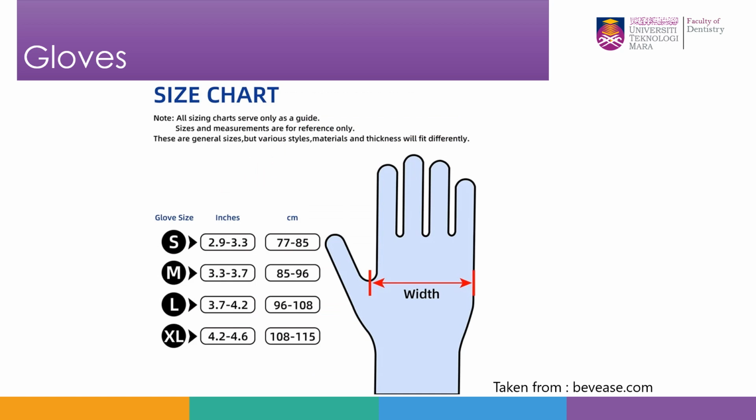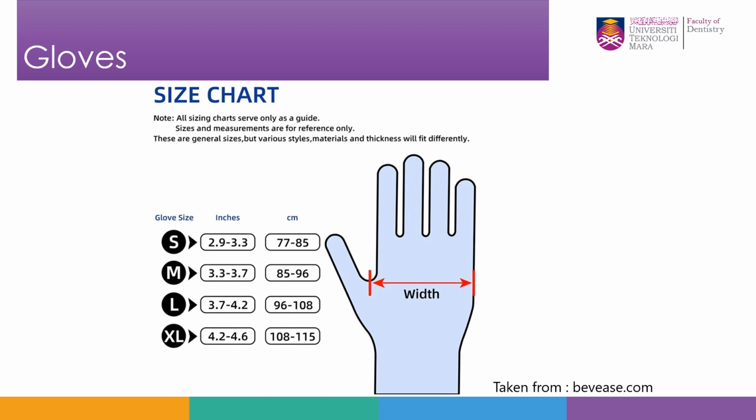All right, when you are wearing gloves, it is important to make sure you are wearing the appropriate size, because you are wearing gloves for a long time, and if not the appropriate size, it will injure your hands if they are too tight. But if you are wearing gloves that are too loose or too big, your hands will be endangered as well, because you have no control when handling any instrument in the mouth or holding something.